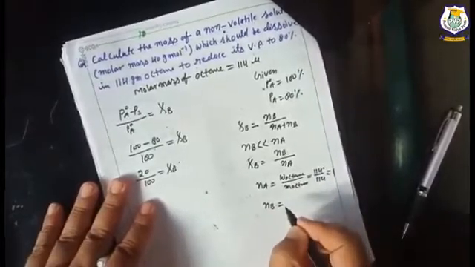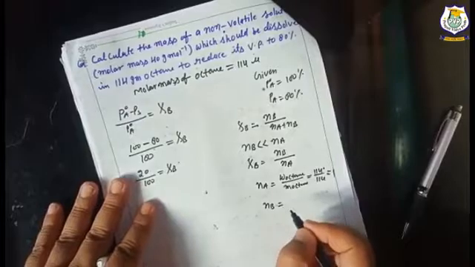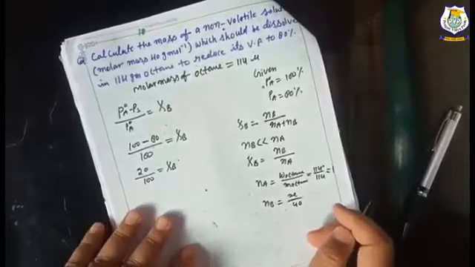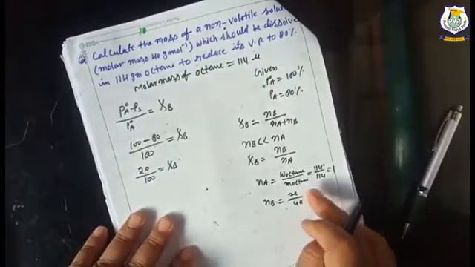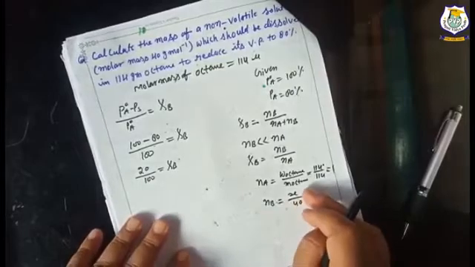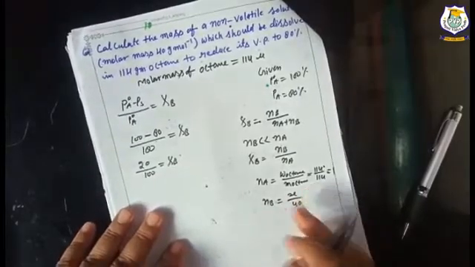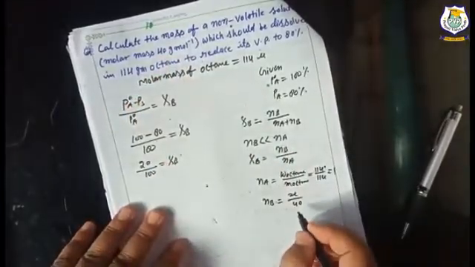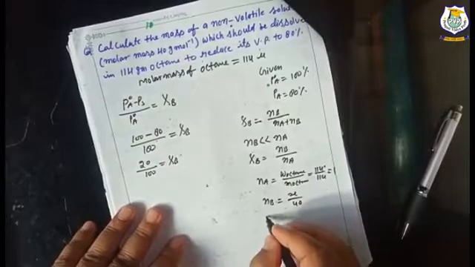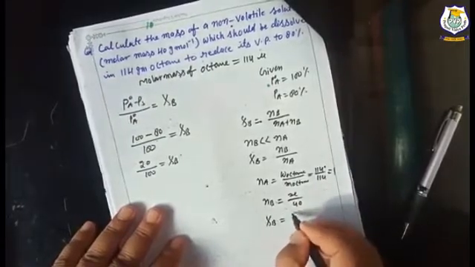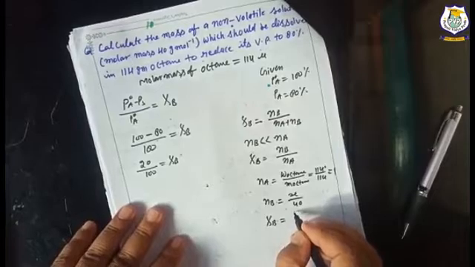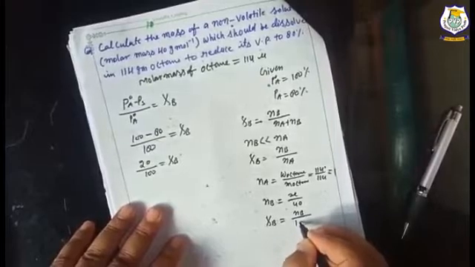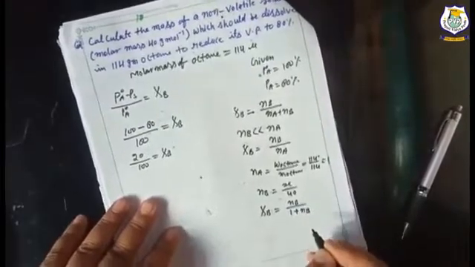NB equals X upon 40, because the mass of component B is not given, so let its mass be X and the molar mass given is 40 gram per mole. Putting these values in the equation, XB equals NB upon 1 plus NB.